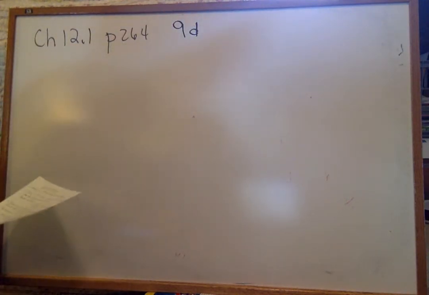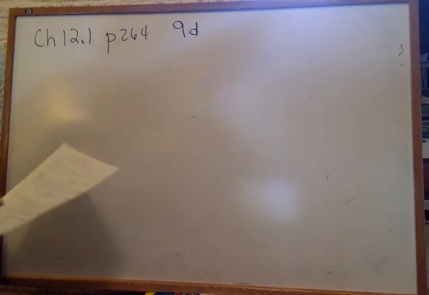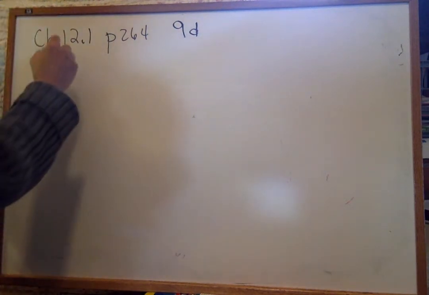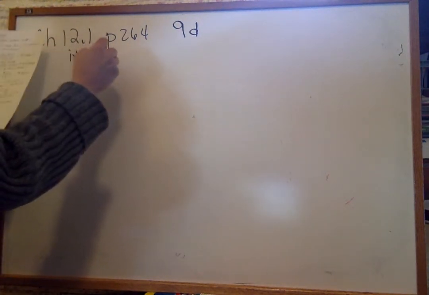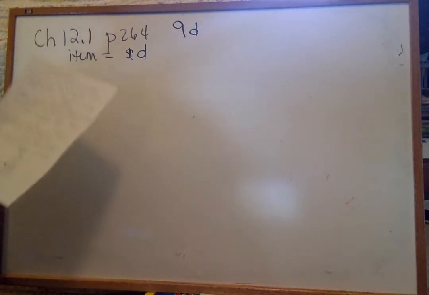Number 9 has a lot of different parts, but we're going to do part D. All right, the item they say costs $D, whatever.